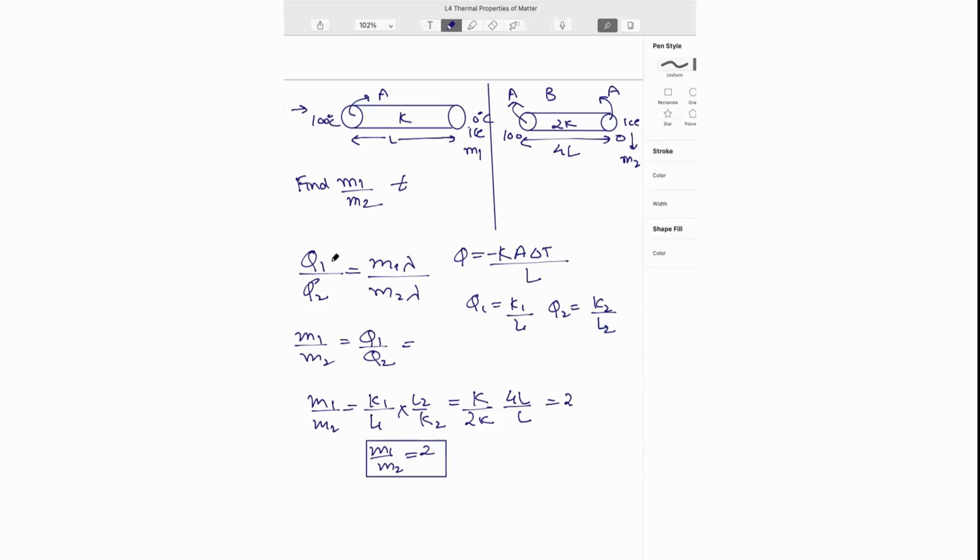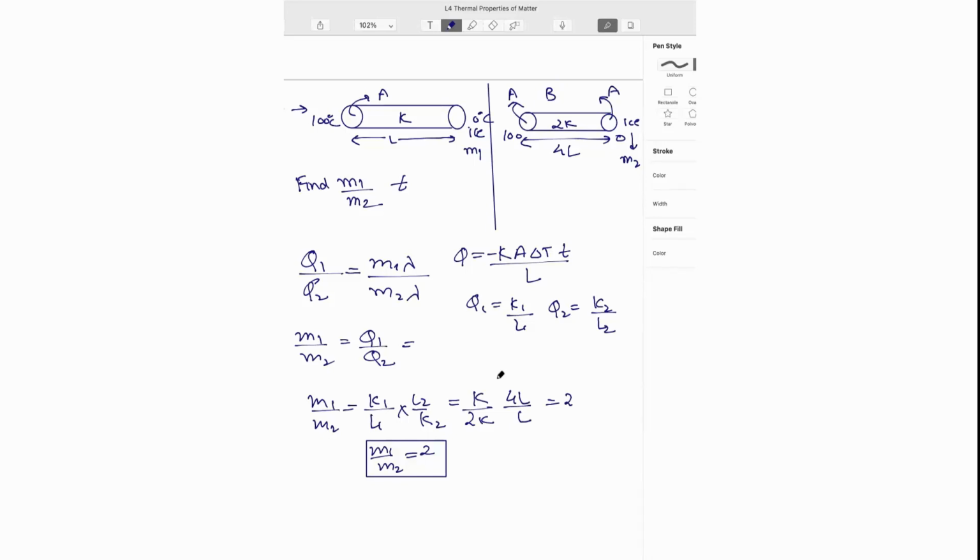So Q is M1 lambda. M1 lambda is the heat that is required to melt M1 gram of ice. So Q1 is M1 lambda and Q2 is M2 lambda. So M1 by M2 is Q1 by Q2, and we know Q due to conduction is K A delta T by L, and time we can also put. The time is same. So that's why K1 by L1 and K2 by L2 is there, and M1 by M2 is 2. So that's the final thing.